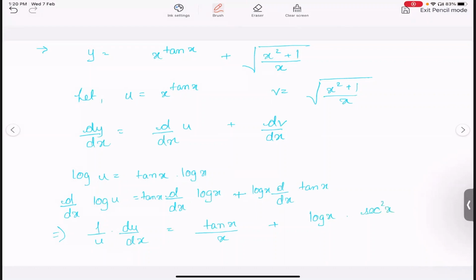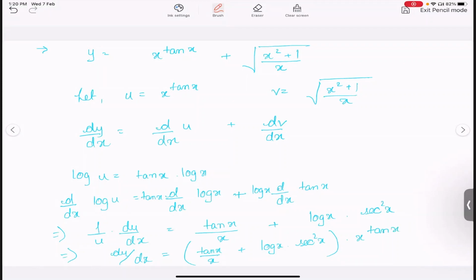That is what we have learned. So this implies du by dx will be equal to tan x by x plus log of x times sec square x, times u, and u we have x to the power tan x. So this is our first part.